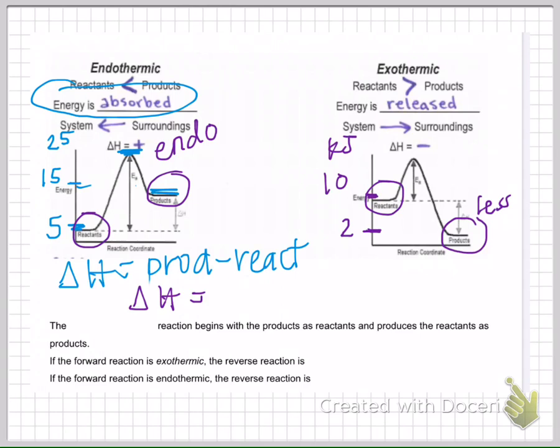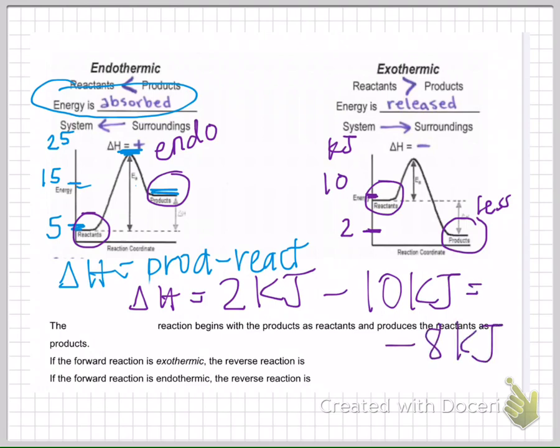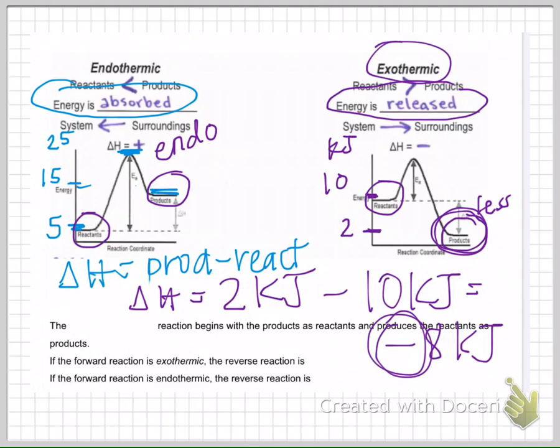If my products have 2 kilojoules of energy and my reactants have 10 kilojoules of energy, well 2 minus 10 is negative 8 kilojoules. Because this is negative, that is an exothermic reaction because heat was released, energy was released. So if your products have less energy, they're lower than your reactants, that is indicative of an exothermic reaction.